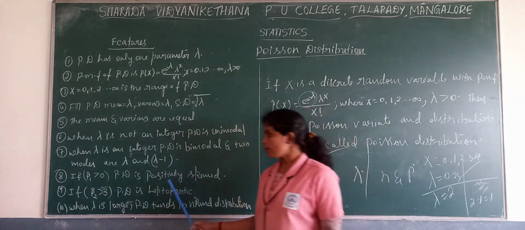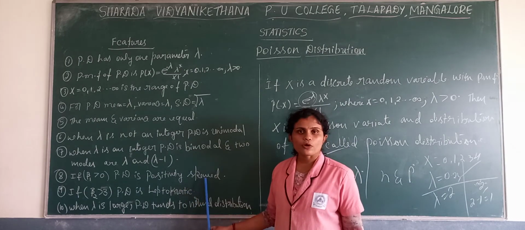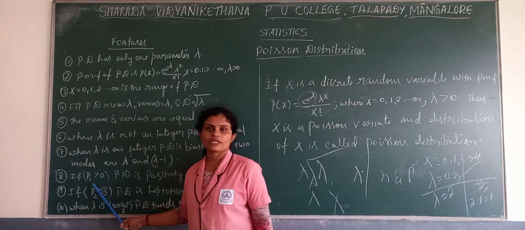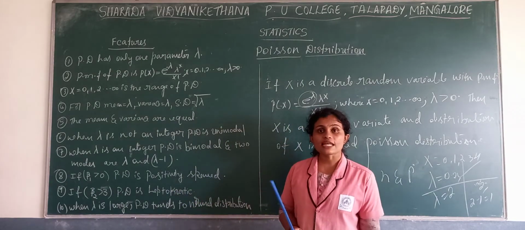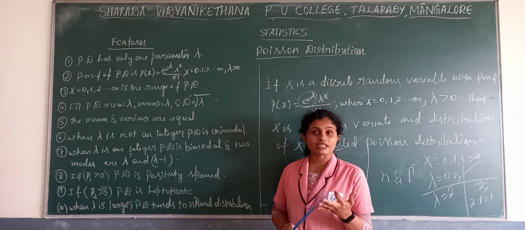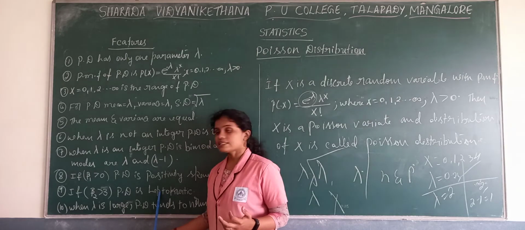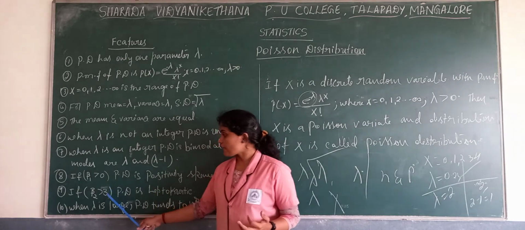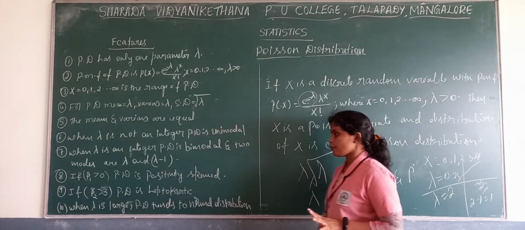This question may come: mention the case where Poisson distribution is positively skewed, if beta 1 is greater than 0. Mention the case where Poisson distribution is leptocurtic. Leptocurtic, mesocurtic, then platycurtic, we studied in the first year. Beta 2 greater than 3, it is leptocurtic.